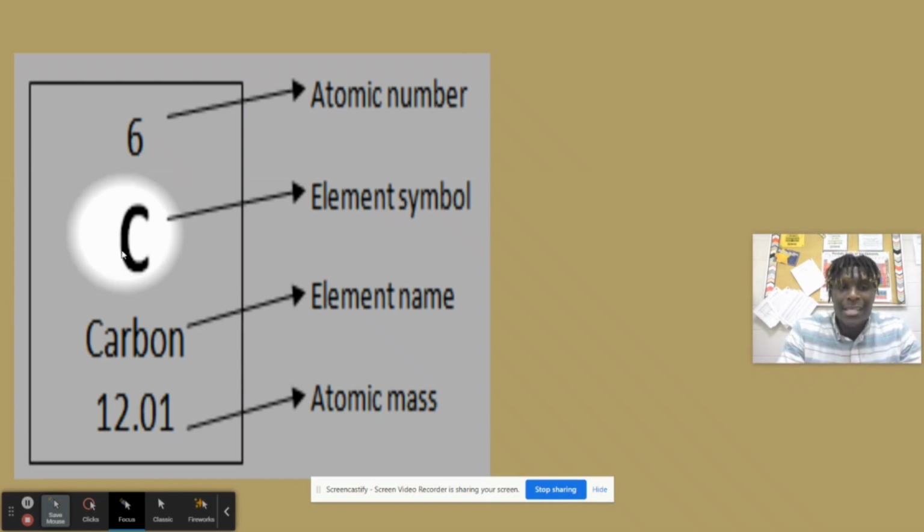So this letter that we see here is C. It represents carbon. We can also see on those boxes the atomic mass, which is the larger number. And we can also see the atomic number, which is the counting number. Wonderful.